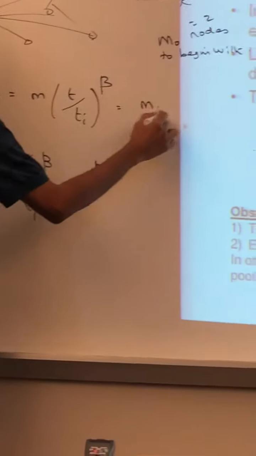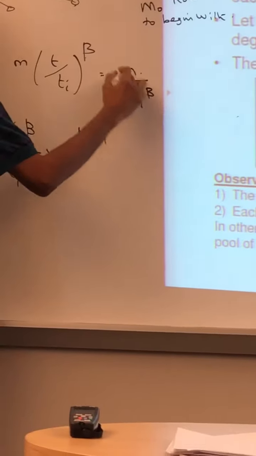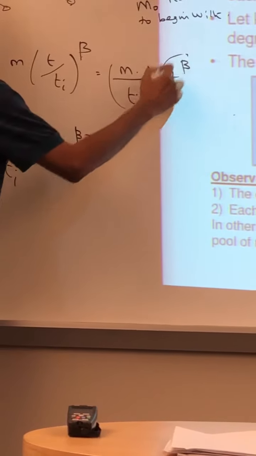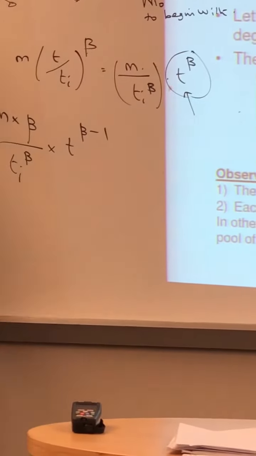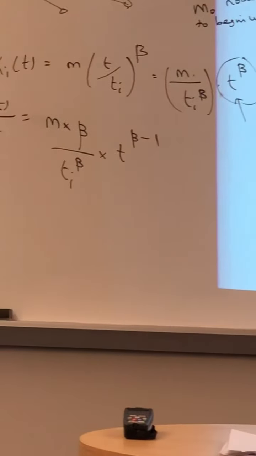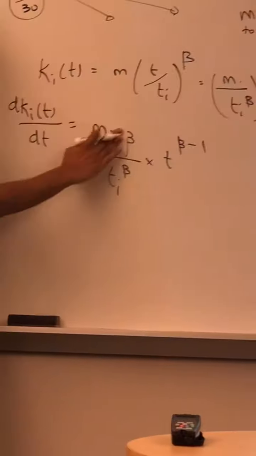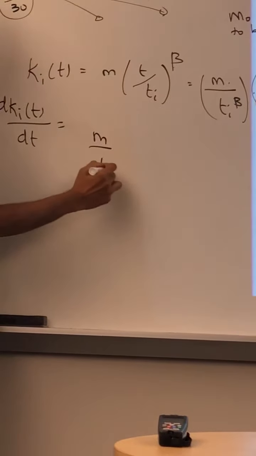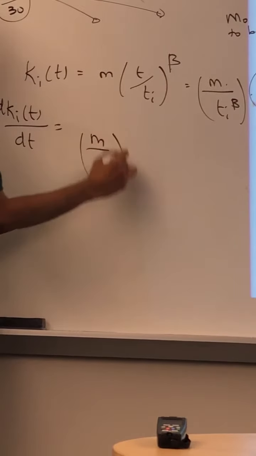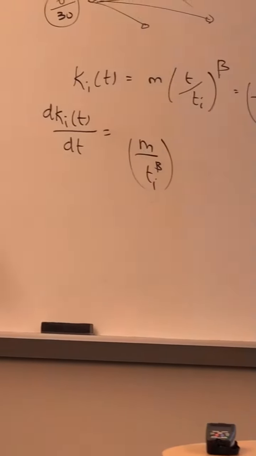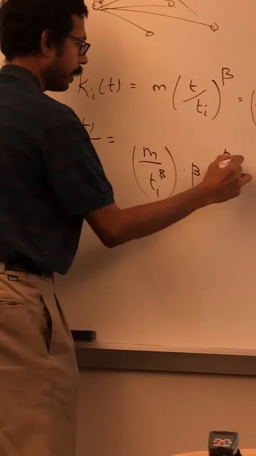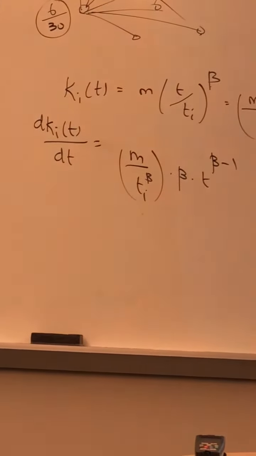Other than t, everything is a constant, so t is the only variable. If you differentiate this, the constant stays as it is. So according to this, the beta comes first and then t raised to beta minus 1. Okay?